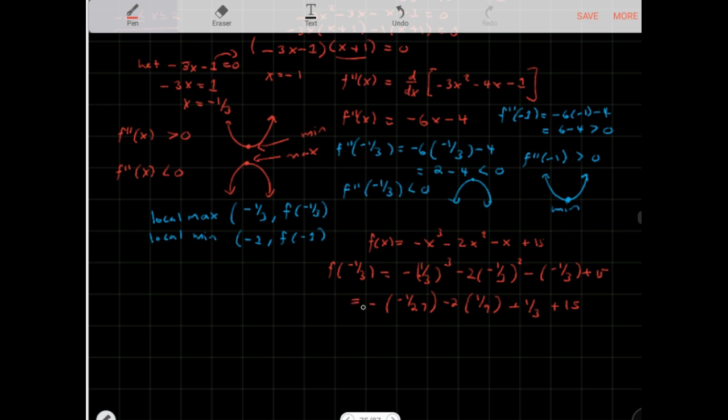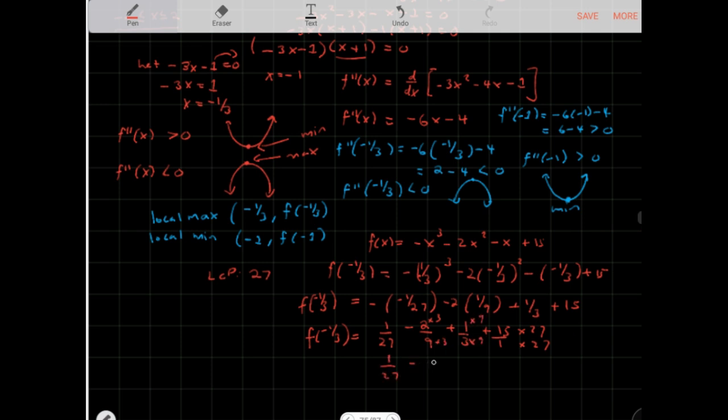Okay, and you can just crunch that out. Right, so this is negative 1/27 minus 2/9 plus 1/3 plus 15. What you could do here is make a common denominator of 27, right? So the lowest common denominator here is 27. And if you do that, you multiply this by 3, this by 3, this by 9, this by 9.